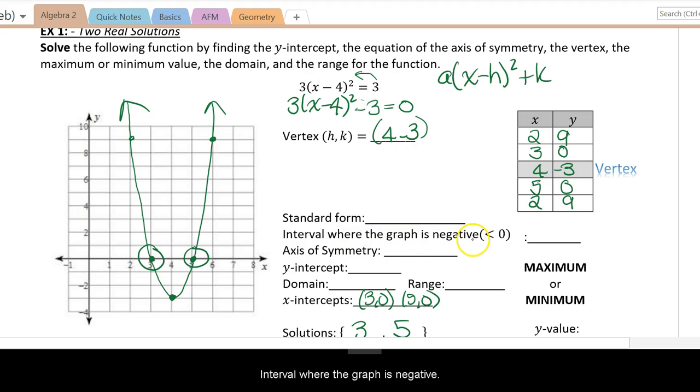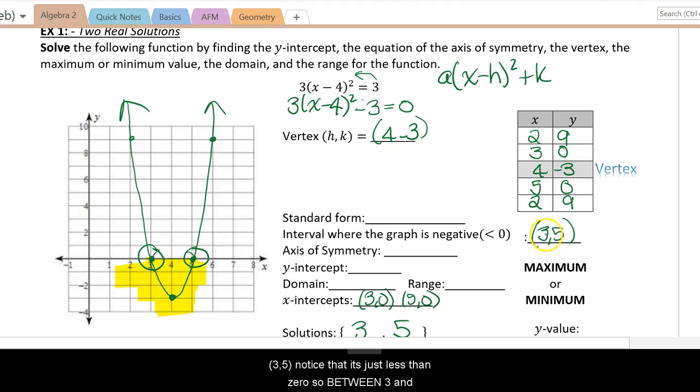Interval where the graph is negative, so we're looking at the part where the graph is below the x-axis. The reason being is all these values down here, the y values, are negative. So that's going to be between 3 and 5. So that interval, 3 to 5. Notice it's just less than 0, so between 3 and 5.